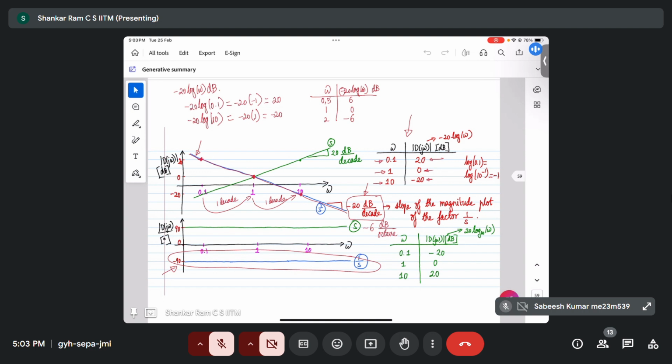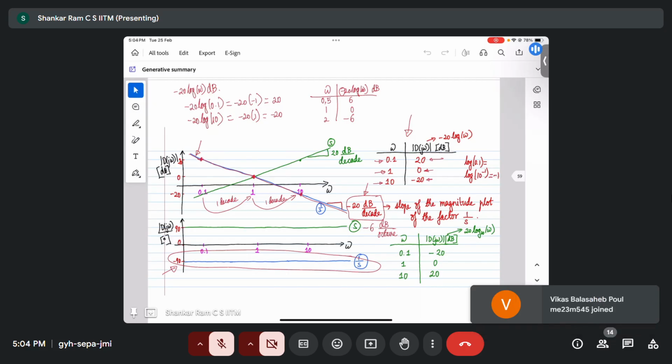So we learned that in the magnitude plot, we have the magnitude in terms of decibel measure, where we take the logarithm to the base 10 and then multiply it by 20. Okay, so that's what we do in the magnitude plot. In the phase plot, we plot the phase in degrees, and in both the plots we have the frequency in logarithmic scale.